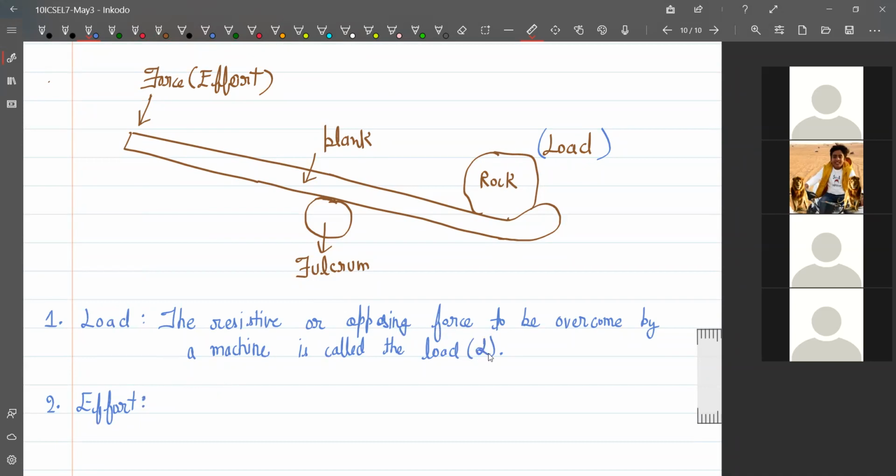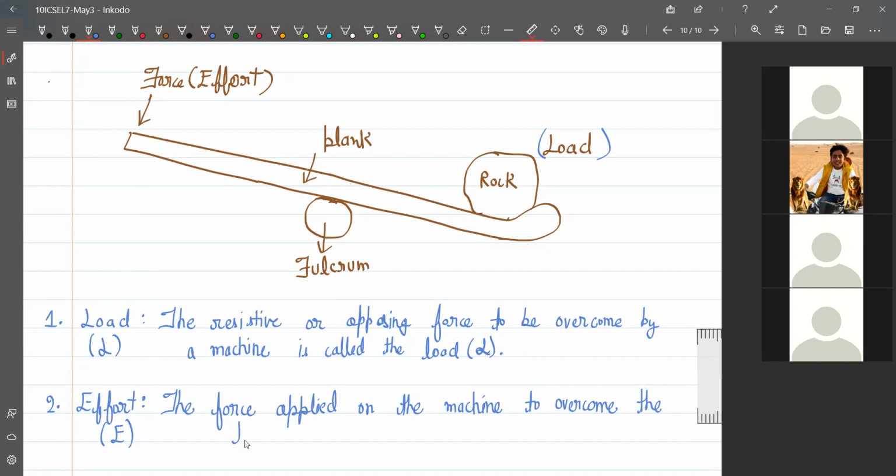Load is denoted by L and effort is denoted by E. This is the definition of effort.